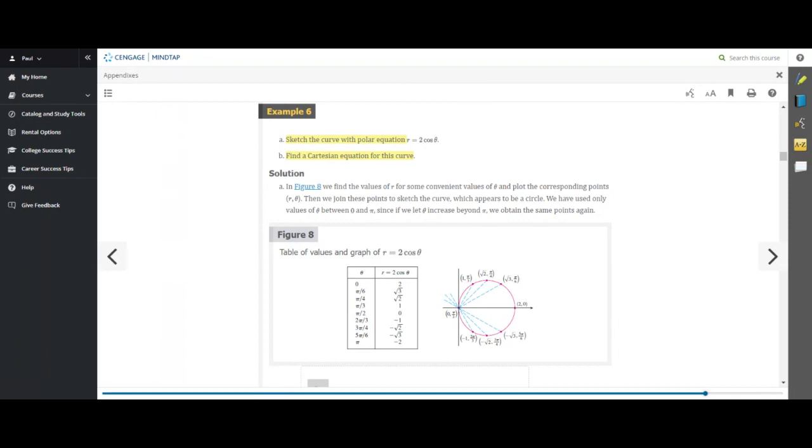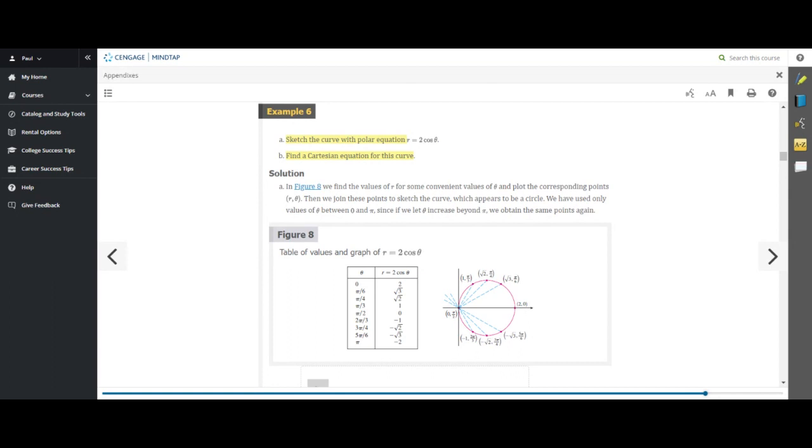Now if theta is 30 degrees, or pi over 6, 2 times the cosine of pi over 6 is 2 times root 3 over 2, that's root 3. So your next polar coordinate in figure 8 is (√3, pi over 6). For pi over 4, the radius is √2, because 2 times the cosine of pi over 4 is 2 times √2 over 2, that's √2.